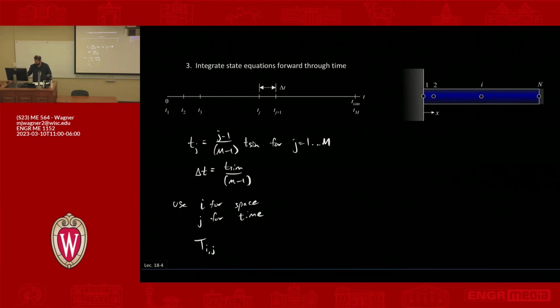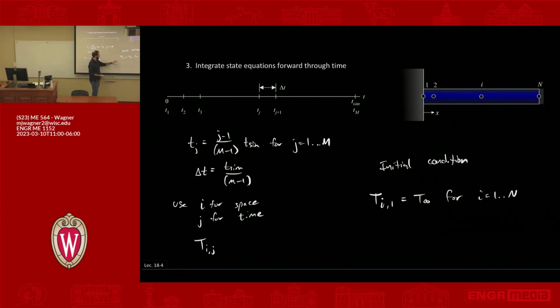So, okay, let's also note the following, that our initial condition is going to be temperature for every node I at time step 1 is equal to T infinity, for I equals 1 to n. So it's kind of like the spatial 2D problems where you're keeping track of one index at a time.